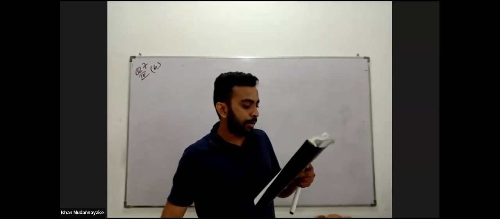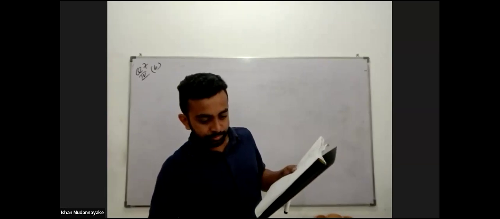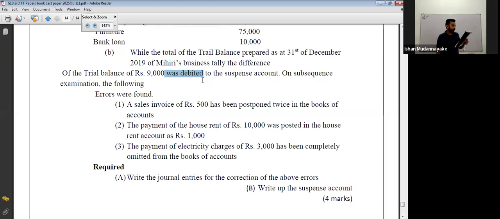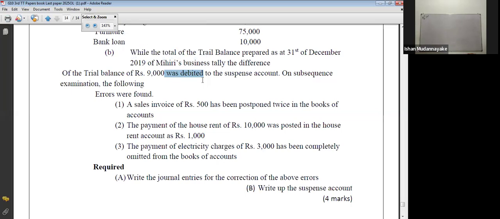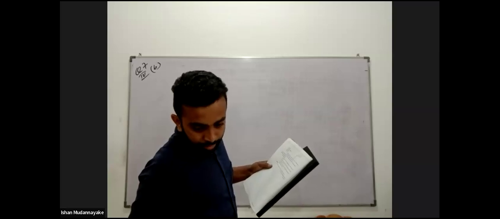The difference of 9,000 was debited to suspense account. On subsequent examination, the following errors were found. We have 3 errors.